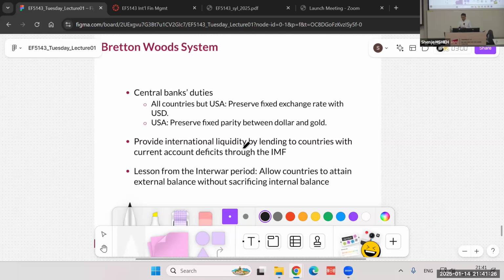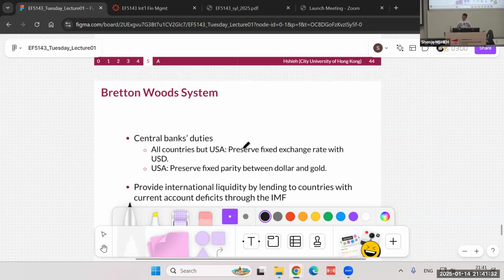Okay, and so after World War II, the countries adopted what's called the Bretton Woods system. The only country that really escaped unscathed from having war on their soil is the United States.